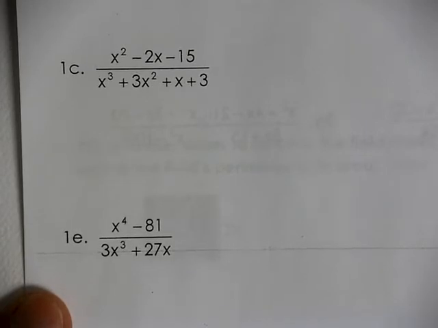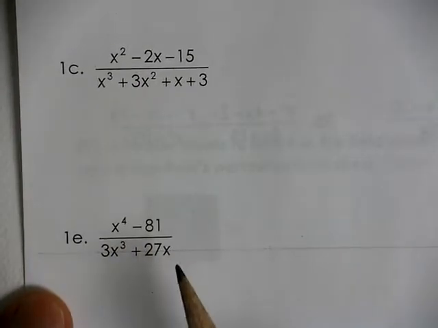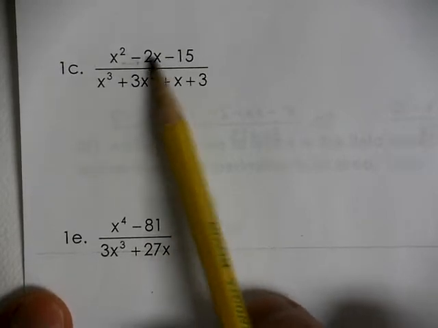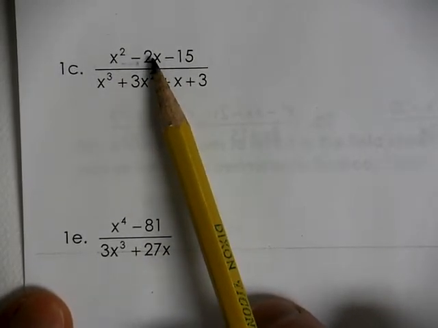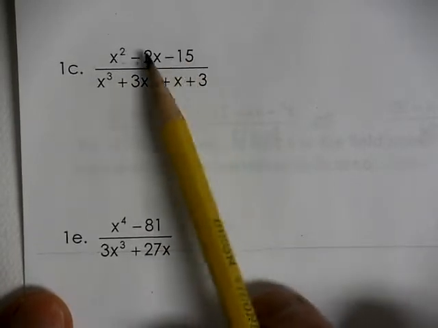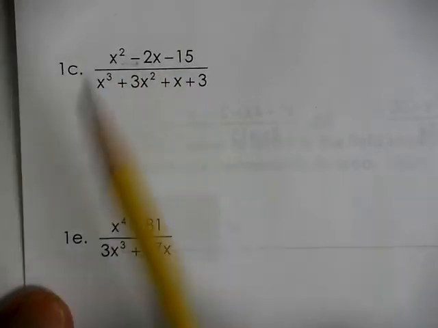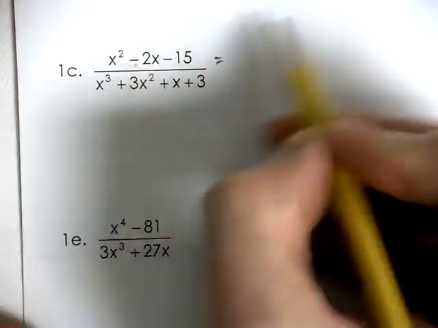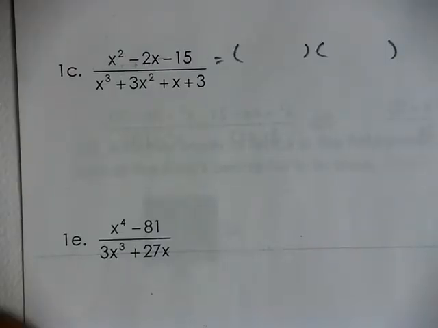What can be done with this one? Can we cross off and reduce the x squareds and x cubes? Definitely not, because the x squared is being subtracted with the 2x. It's not being multiplied into something. It's being subtracted. So we're going to treat this first one, the numerator, and break it into 2 binomials.